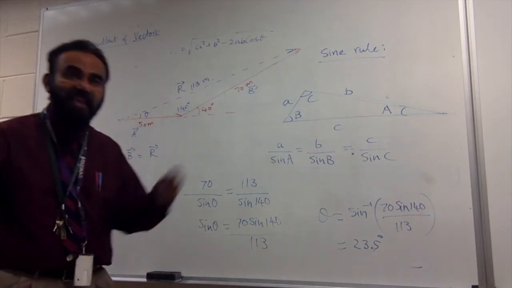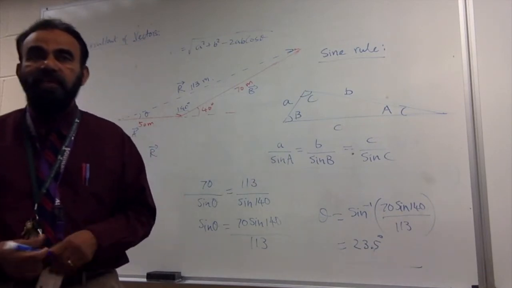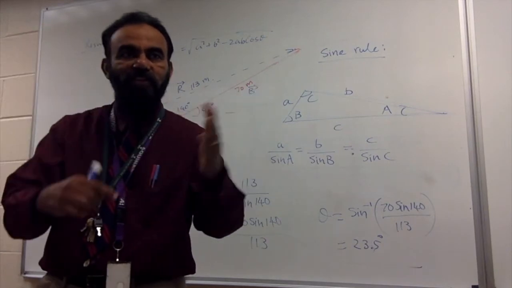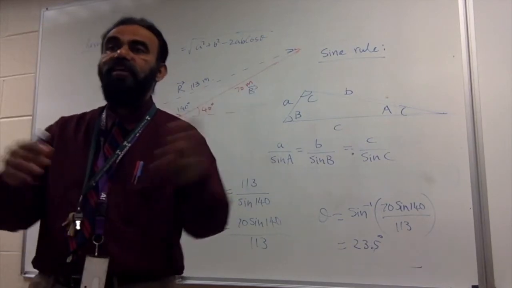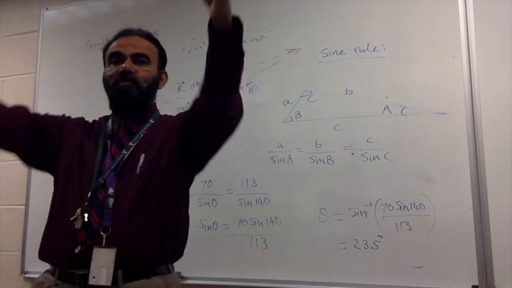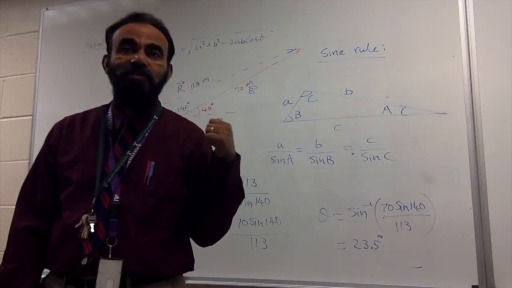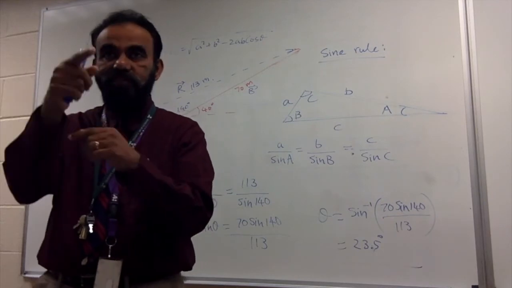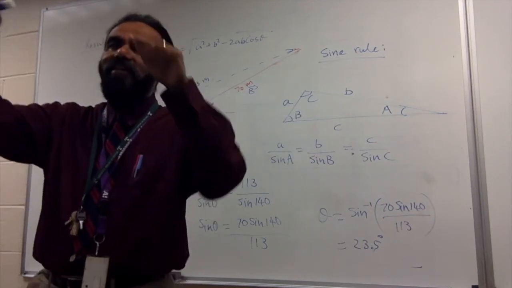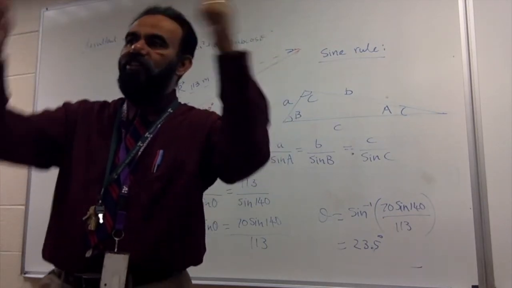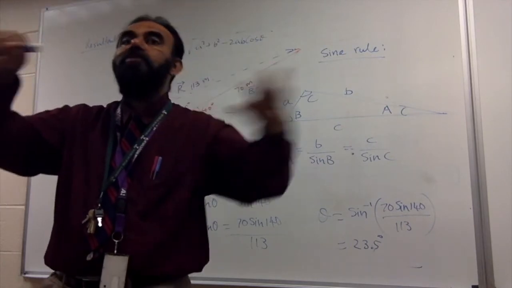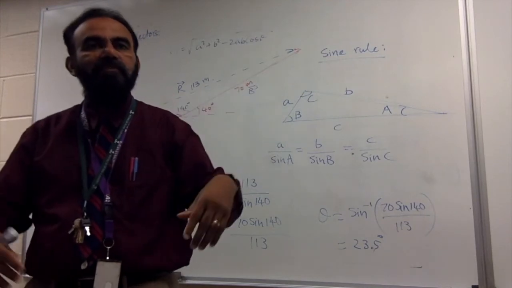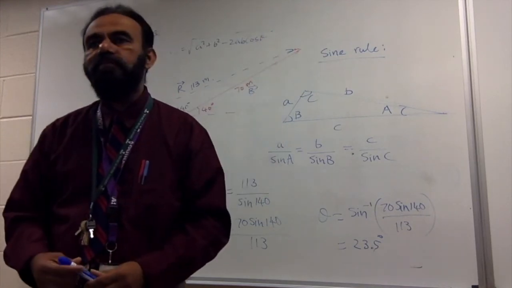Suppose I give you 10 vectors and I ask you to find the resultant. In the last example I gave you 4 vectors, with scale drawing. If I give you 10 different vectors and ask what's the overall effect, with the cosine rule you have to take the first one with the second one, find the resultant and the angle, then use that with the third one and find the new resultant, then that with the fourth one, and you keep doing this 10 times, and finally you end up with a wrong answer.